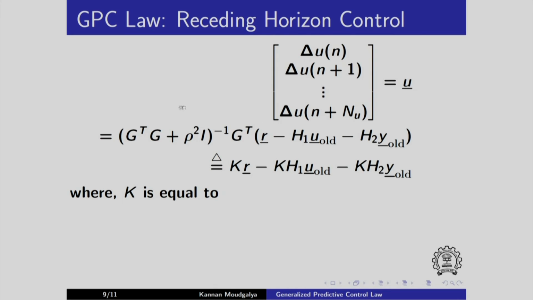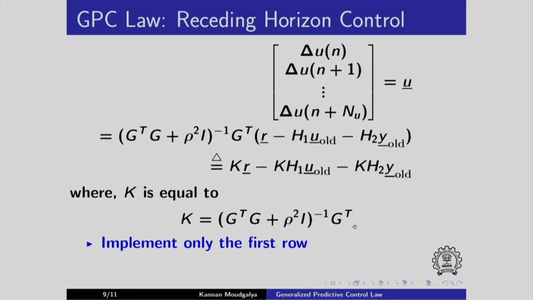This K is the first half of this expression, which is this inverse times GT. So this is the control law. We calculate the control law, after that implement only the first row, that is only the delta U terms.